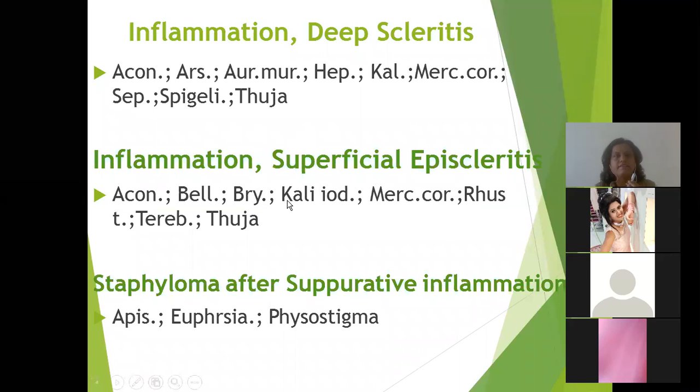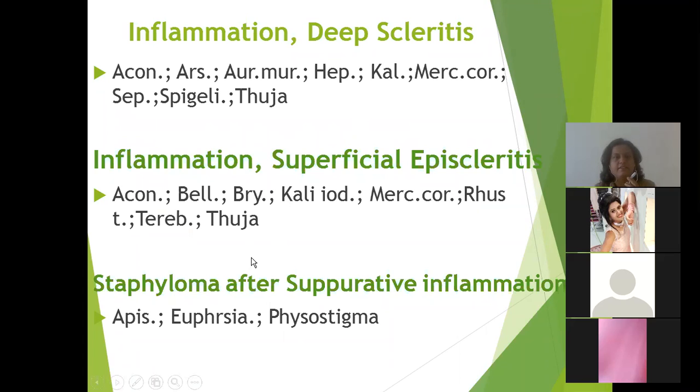In that there is deep inflammation of the sclera, that is deep scleritis, and superficial inflammation of the sclera, that is episcleritis, then staphyloma after a suppurative inflammation. Many homeopathic remedies can be used in these cases. Aconite, arsenicum album, aurum muriaticum, hepar sulph, kali iodatum, mercurius, sepia, spigelia, thuja can be used in deep scleritis.